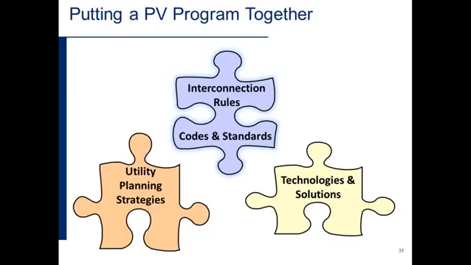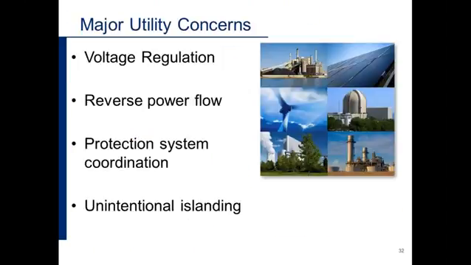And finally, I would just mention utilities and their planning strategies. Many utilities, especially those that are dealing with larger and larger amounts of distributed generation, are looking at a different way to plan their system to make sure that the system operates reliably and safely in the presence of large amounts of DG. So if you go to the next slide, these are four of the major utility concerns that I hear about, not only in North America, but in many other countries.